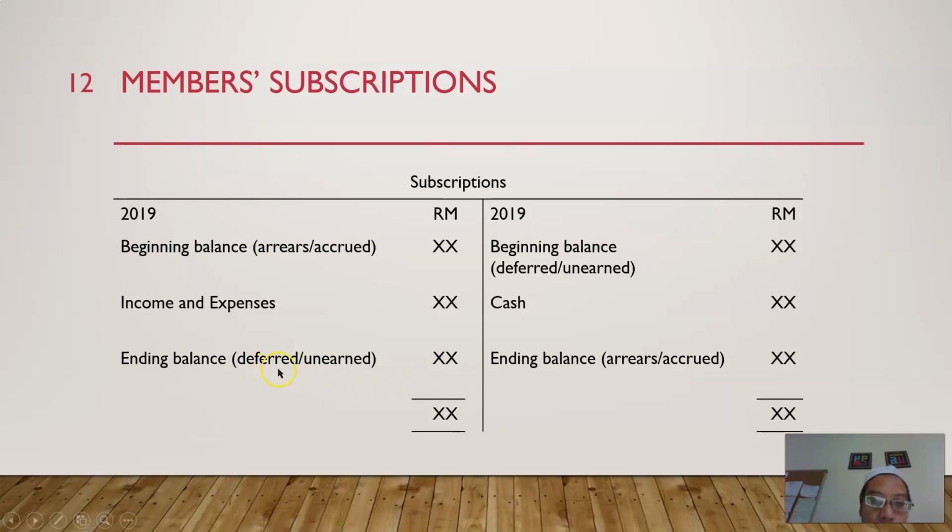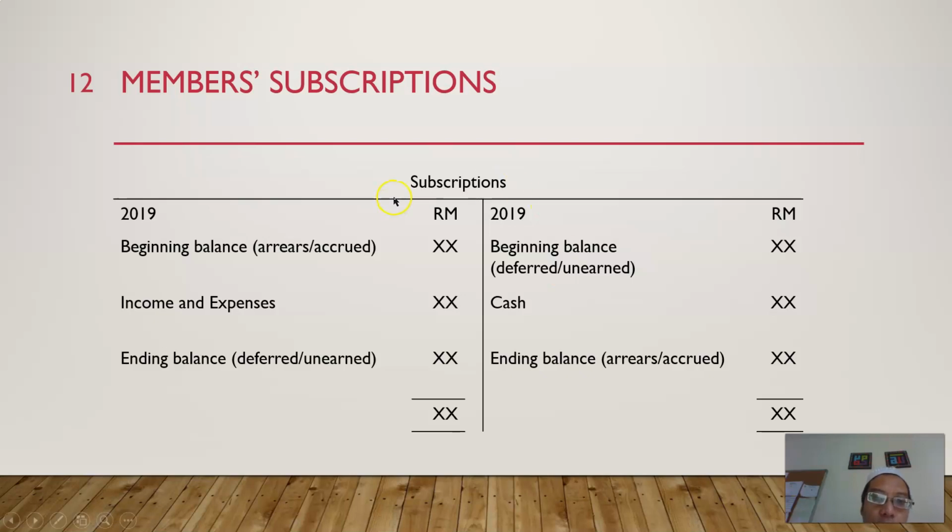This is for the deferred or unearned subscription, where we have received the payment, but it is not for the current year subscription, it's for the following year subscription. So this should be put into the adjustment and should debit the subscription account. And then there's the arrears or the accrued, where the subscription has not been paid but it is due.